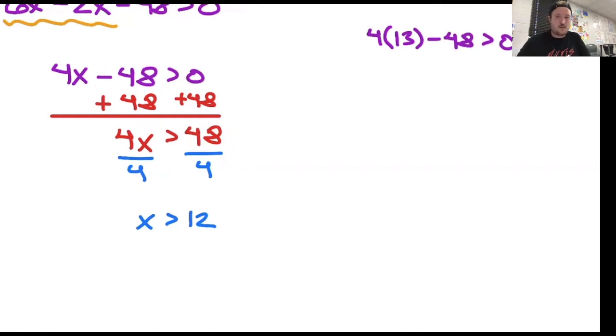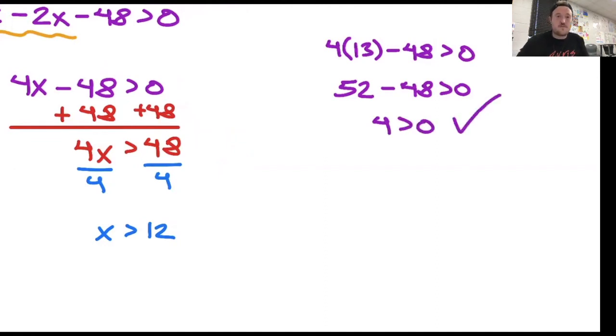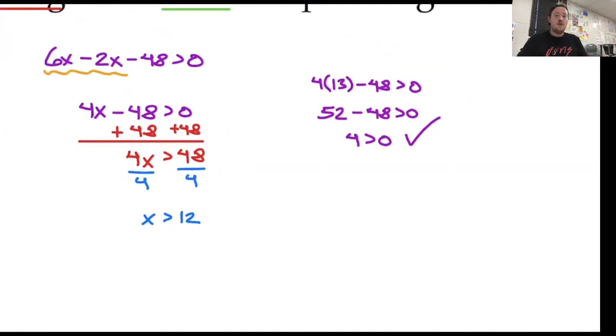I'm going to see if that's going to be greater than 0. So 4 times 13, so that'd be 52, minus 48, greater than 0. 52 minus 48 gives you 4, greater than 0. It works. So it pans out.